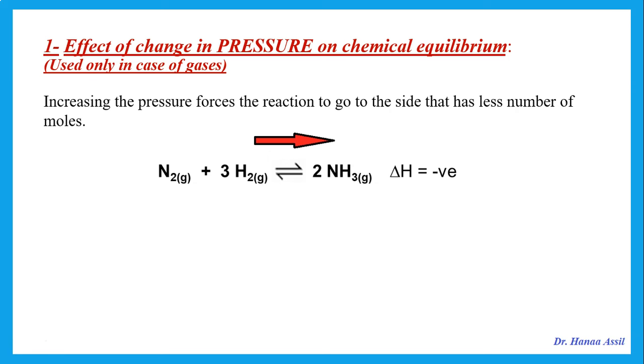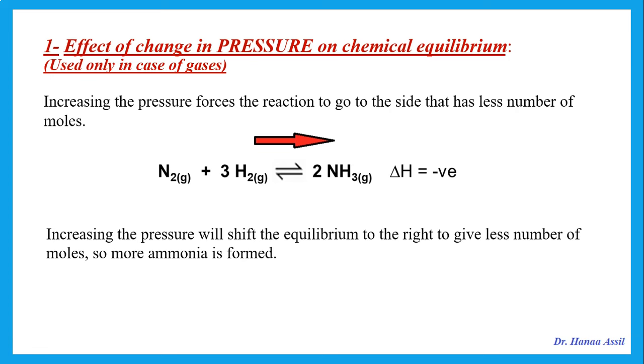So increasing the pressure in this case favors the forward reaction, or shifts the equilibrium to the right, to give fewer moles. That's the effect on the point of equilibrium. If we're asking about the effect on the yield of ammonia, of course, if it goes forward, it forms more ammonia, so the yield increases.